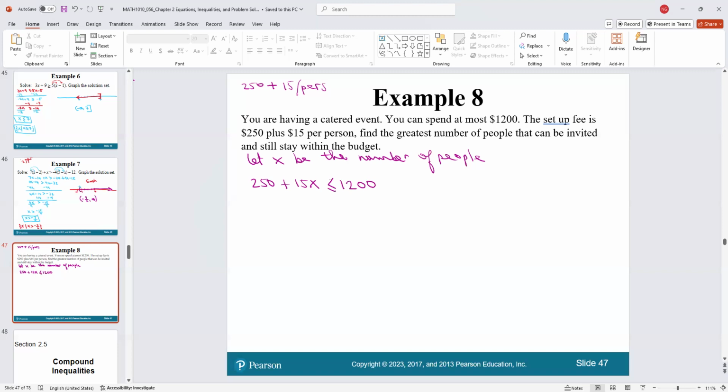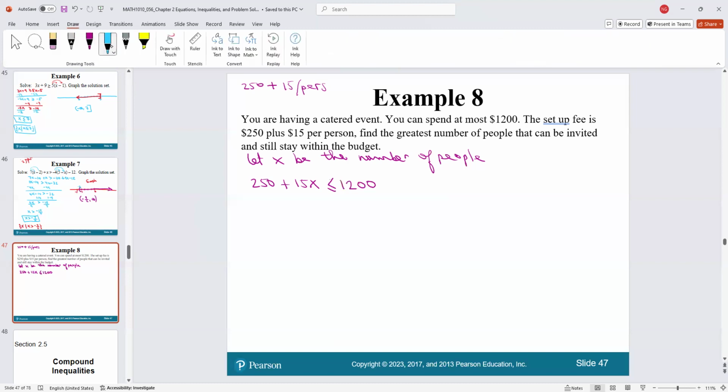So now we must solve. We can subtract the 250 from both sides, because we need to isolate the x term.